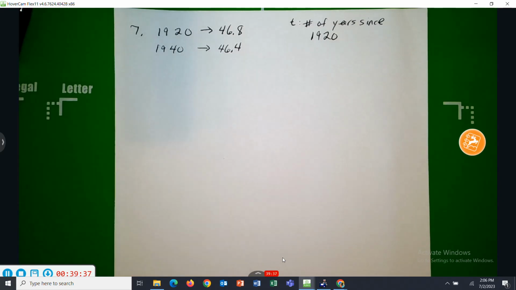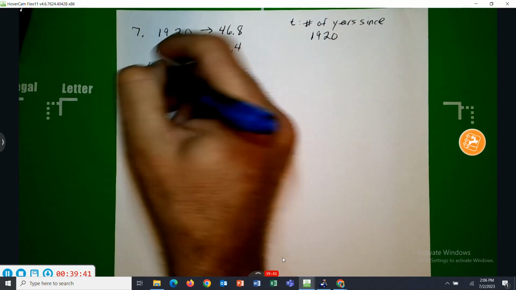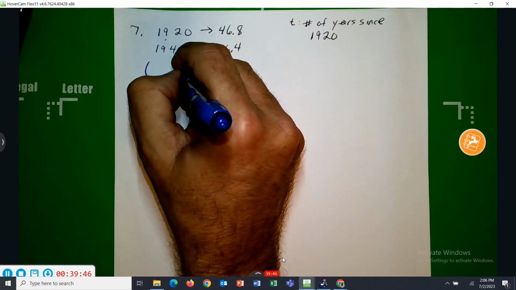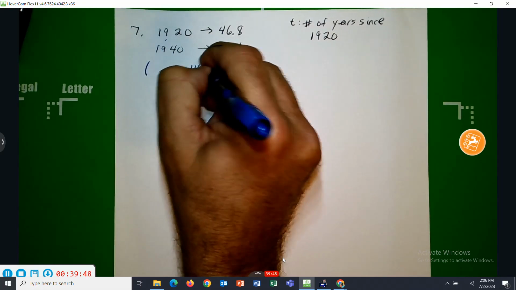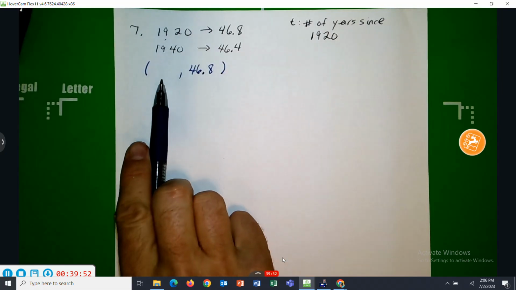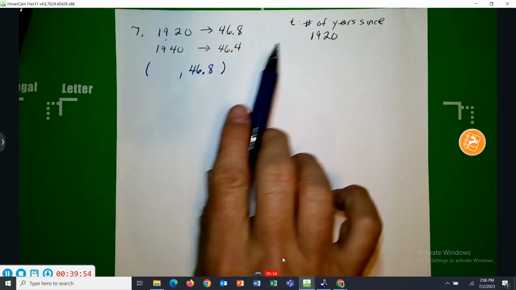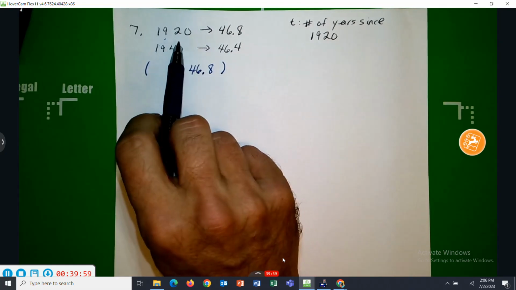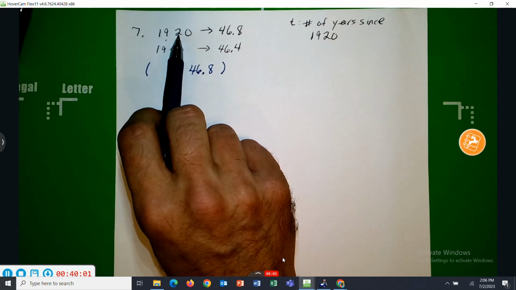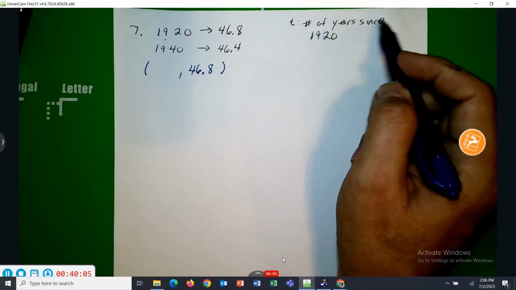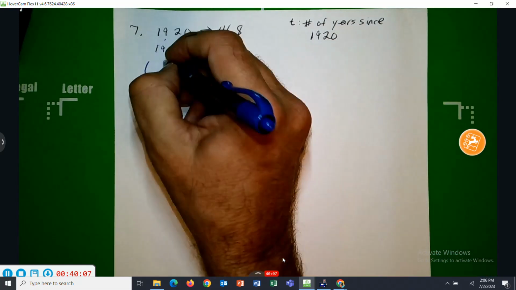So let's write these as ordered pairs. The first ordered pair isn't 1920, 46.8. The 46.8 is the y value, but what's this first value, the x, or as they're calling it now, a t. Okay, well, how many years? If it's 1920, the number of years since 1920 would be 0.